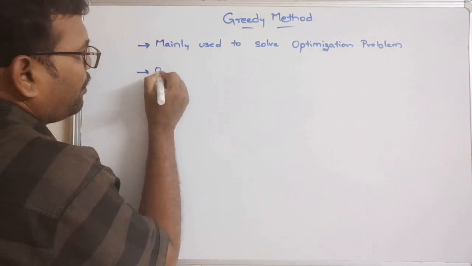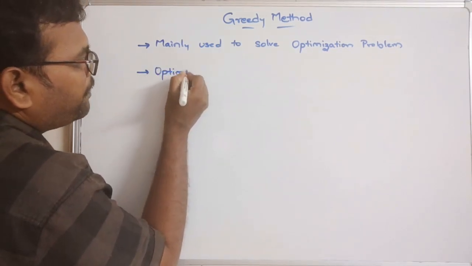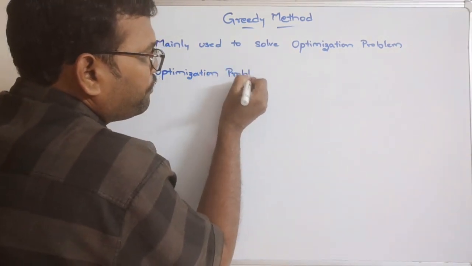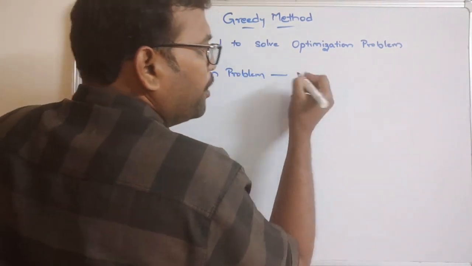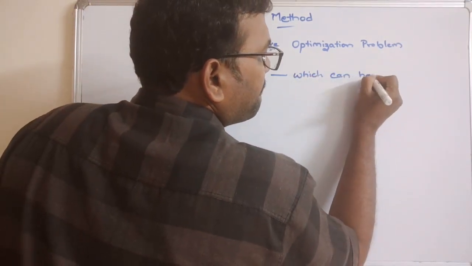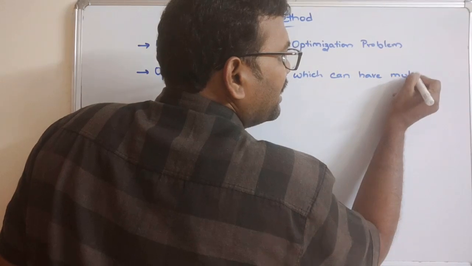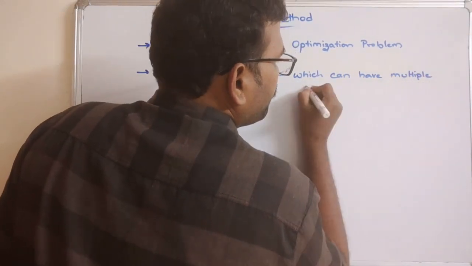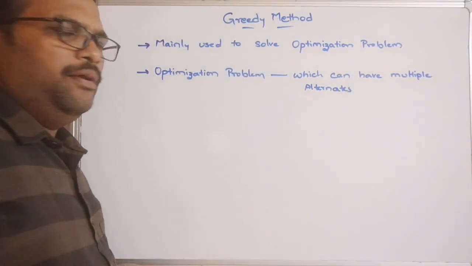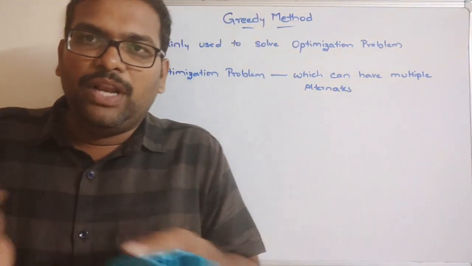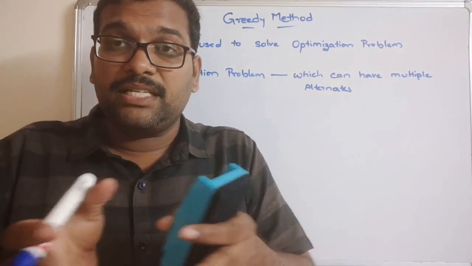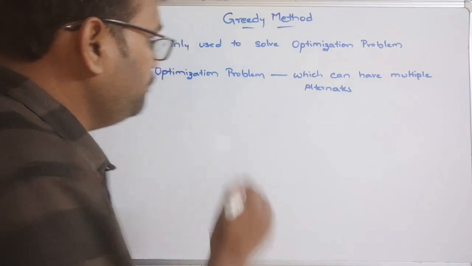Such types of problems we call an optimization problem. An optimization problem means a problem which can have multiple alternatives. Usually these multiple solutions are considered in a subset, that means a set of solutions.